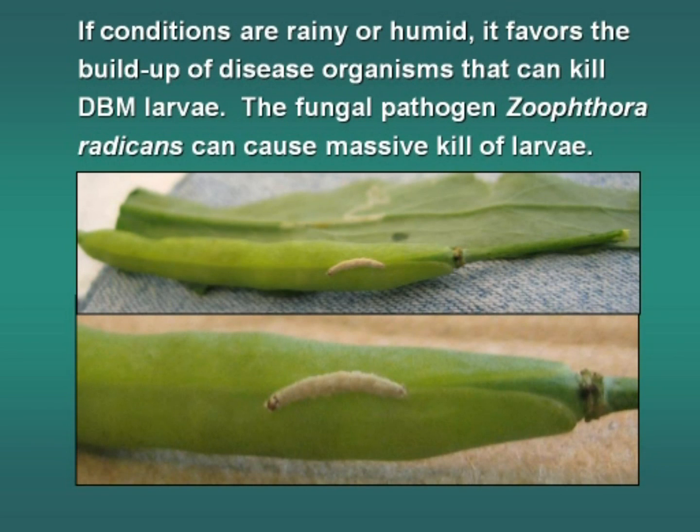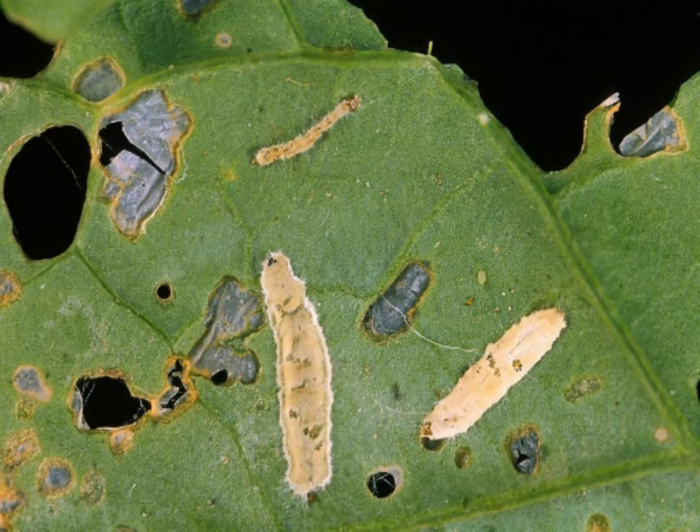That was followed by 2 days of extremely humid conditions, which allowed an epizootic of Zoophthora to develop, which more or less decimated the populations, and spraying was really no longer necessary. This is just a slide of diamondback that are attacked by fungal pathogens.